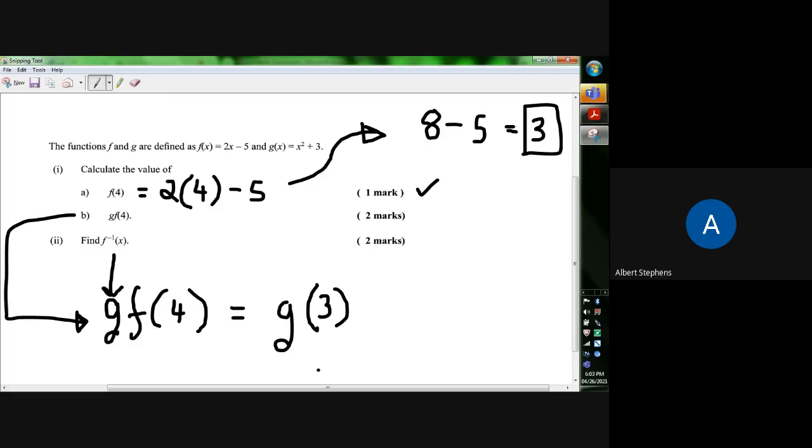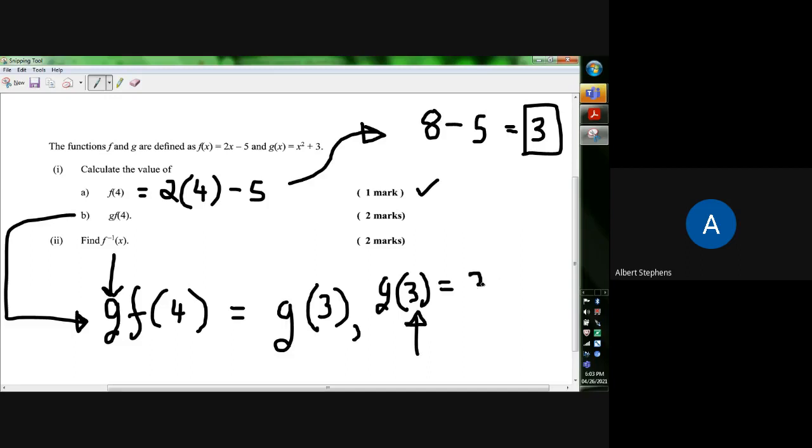All right. Now, how do we find G of 3? Which function are we going to use, the F function or the G function? We're going to have to use the G function. And this is the G function, right? So the G function is x squared plus 3. So we're going to replace x with 3.